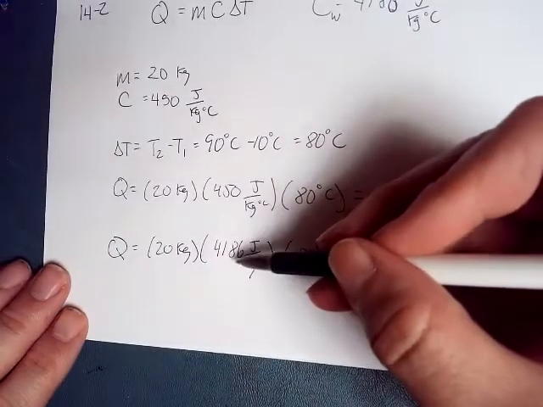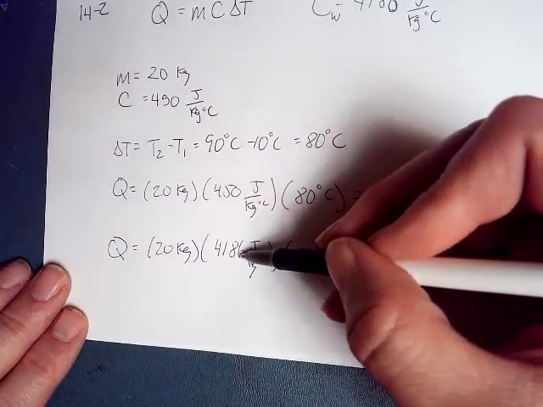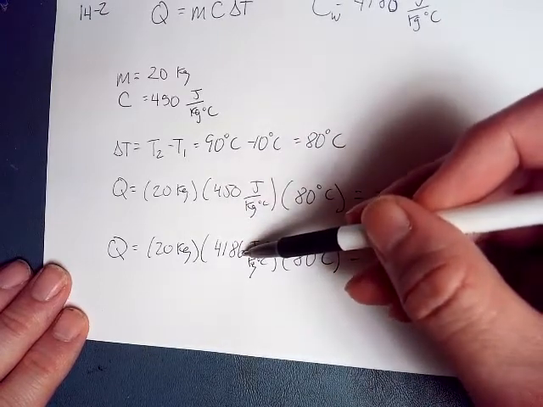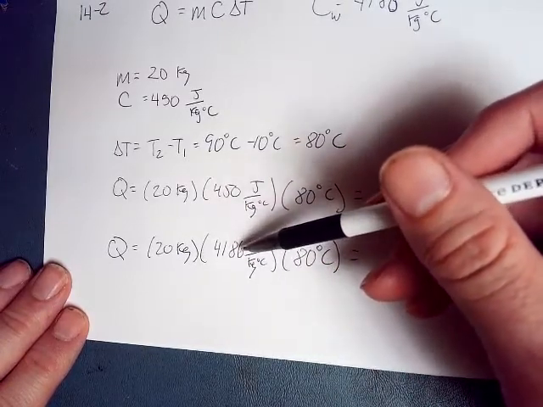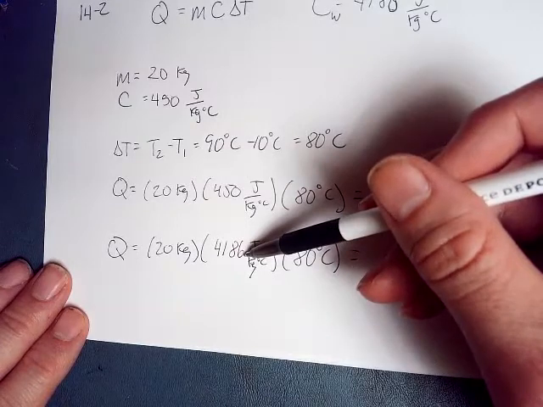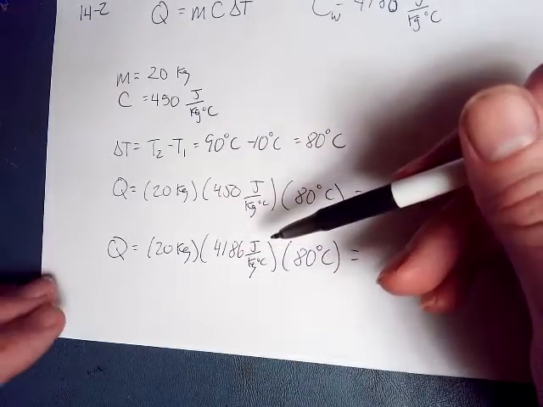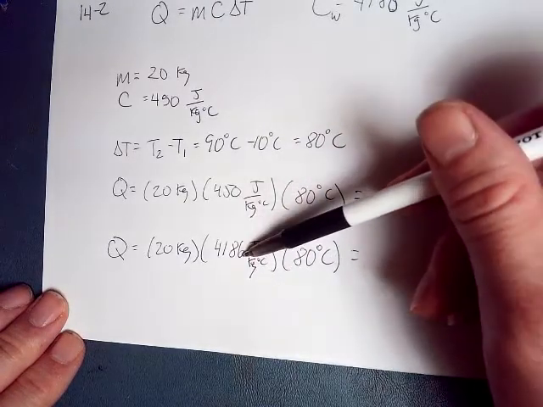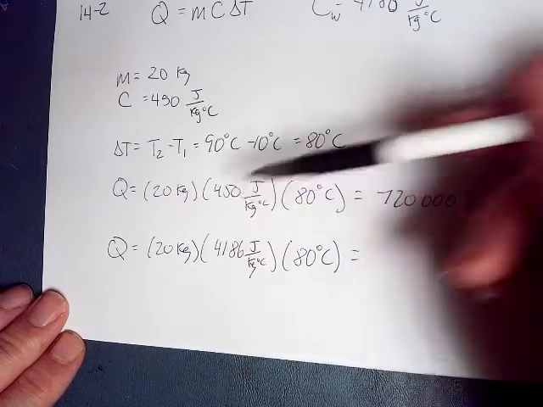Now if you notice how much bigger the heat capacity for water is than iron, and you think of heat capacity as the amount of heat it takes to raise the temperature by a degree, it takes a lot more energy to raise water by a degree than it does for iron for the same mass.